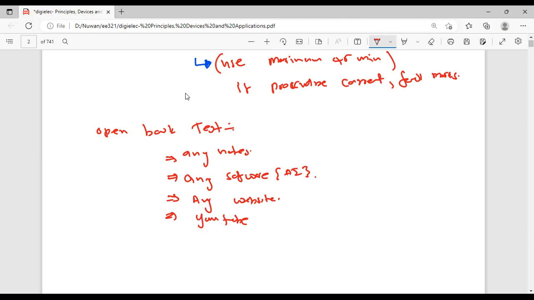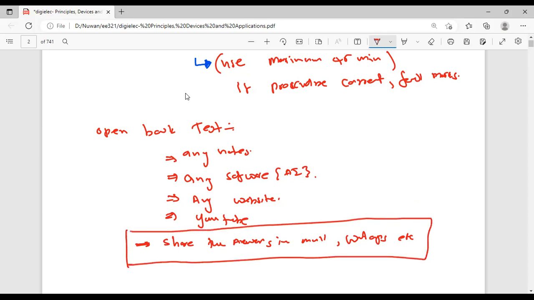But you can't share the answers in mail or WhatsApp, etc. Please remember this, this is prohibited.